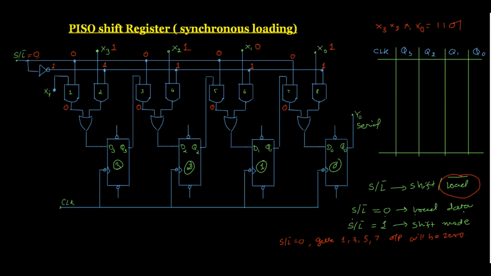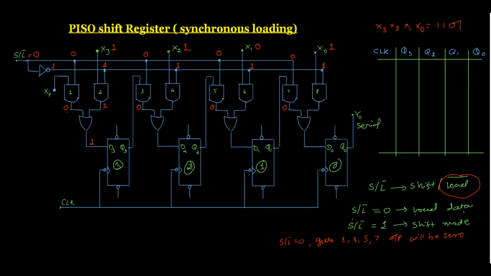So now if we see here, x3 is 1 and this input is 1, so naturally the output of this AND gate will be 1. This 0 and 1 are connected to an OR gate, so this output will also be 1.